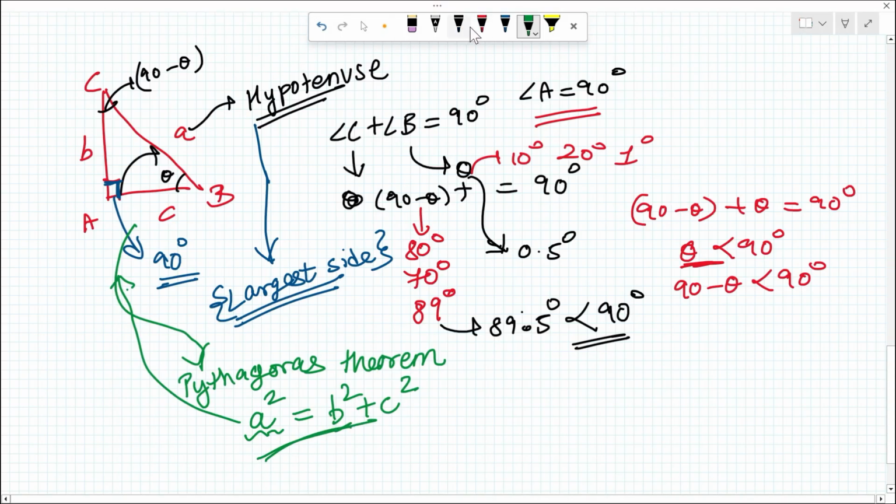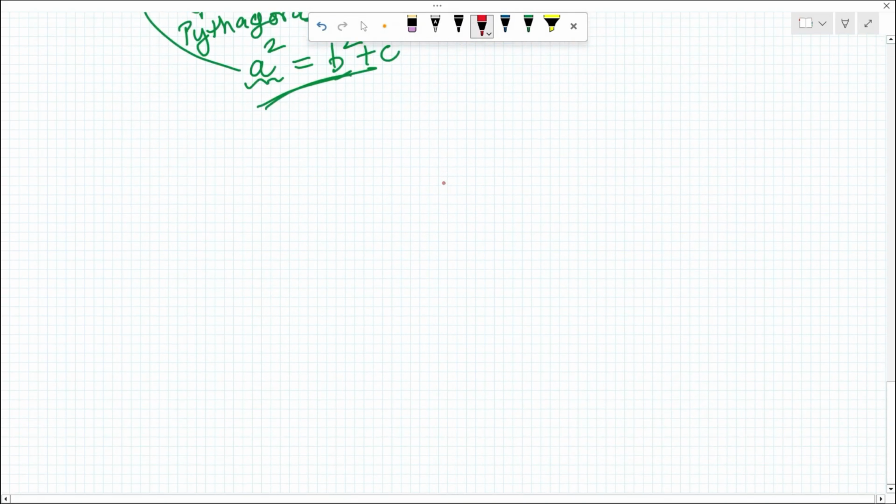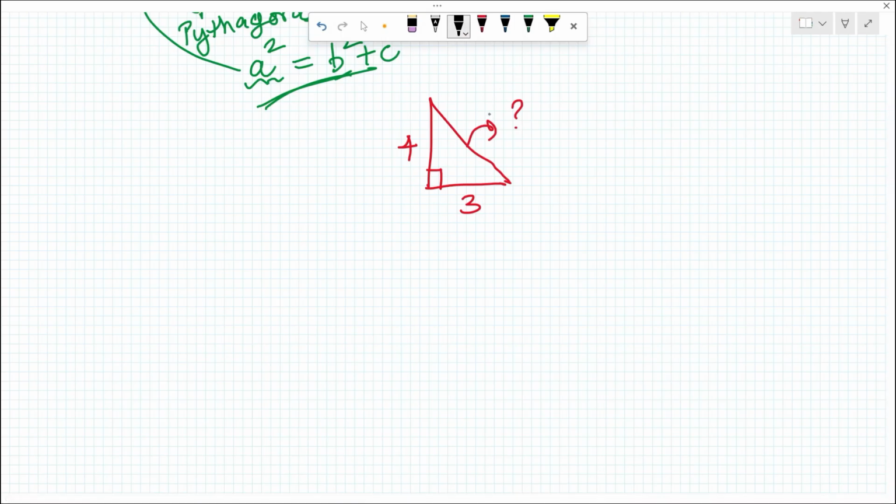A very classic example that you must have solved in high school is this: this is 90 degrees. Let's say this side is 3 centimeters, this is 4 centimeters. You must have been asked to find the length of this side. You can pause the video if you would like to try this out and verify the Pythagoras theorem.